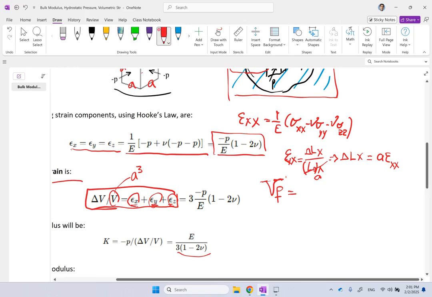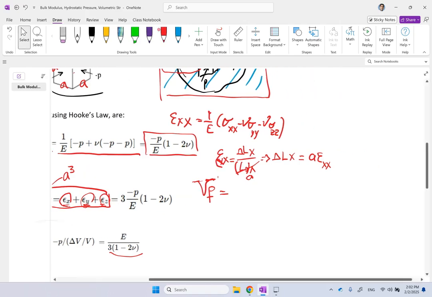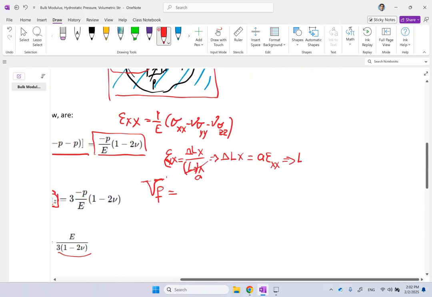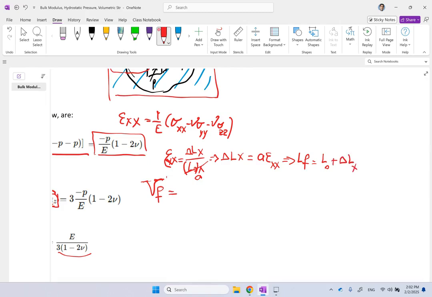Correct? That is the change in the length. So what is the final length? The final length is the initial length plus the change in the length. Now, of course, everything is x here. And this guy was A, and this guy is A epsilon x. So you're going to get A times 1 plus epsilon x.